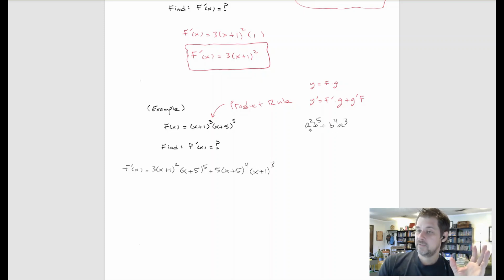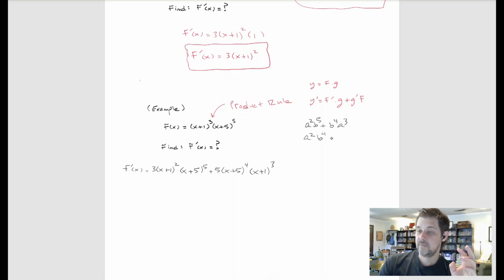Each of these two terms has a common factor of a and b. The most a's that you have in common are 2, because this has 2 a's and this has 3. And the most b's you have in common is 4, because this term has 5 and this term has 4.